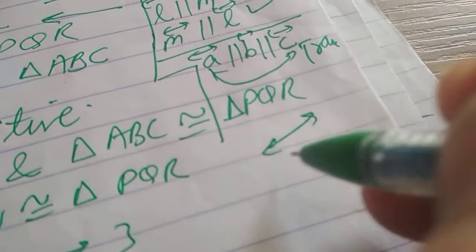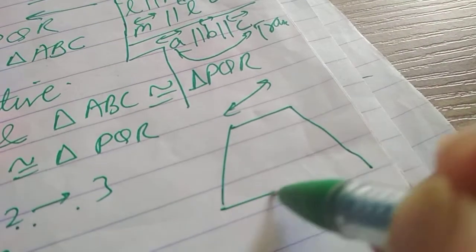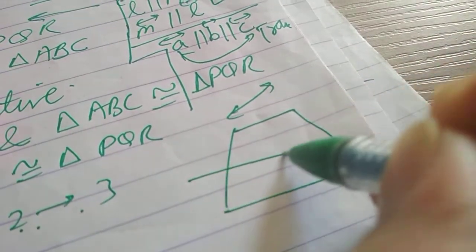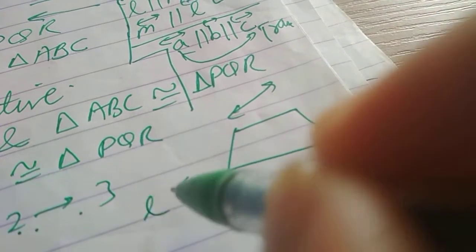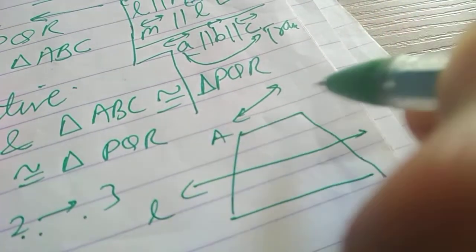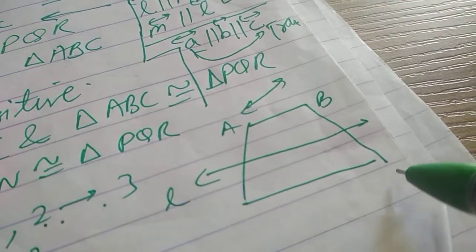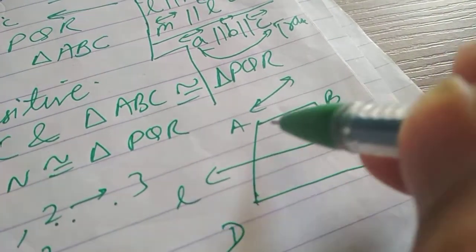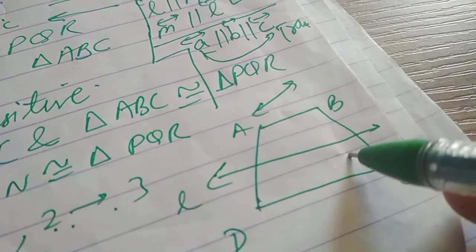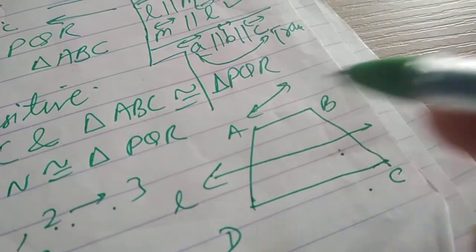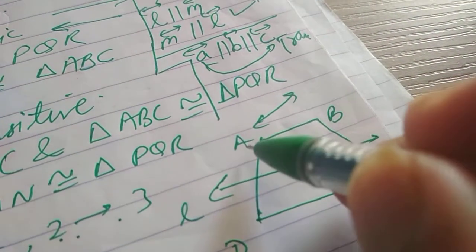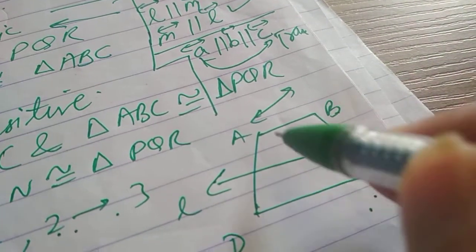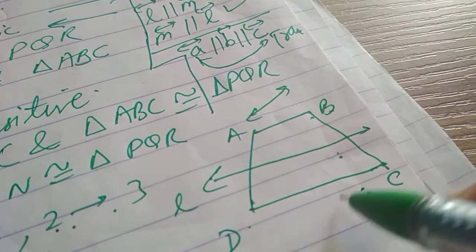If you consider, say like this, a trapezium, and the transversal is cutting line L, and this AB, CD. We can say that AB is parallel to line L and line L is parallel to line DC, then AB will be parallel to line DC. Every line is parallel to itself. Line AB is parallel to line DC, then line DC will be parallel to line AB.